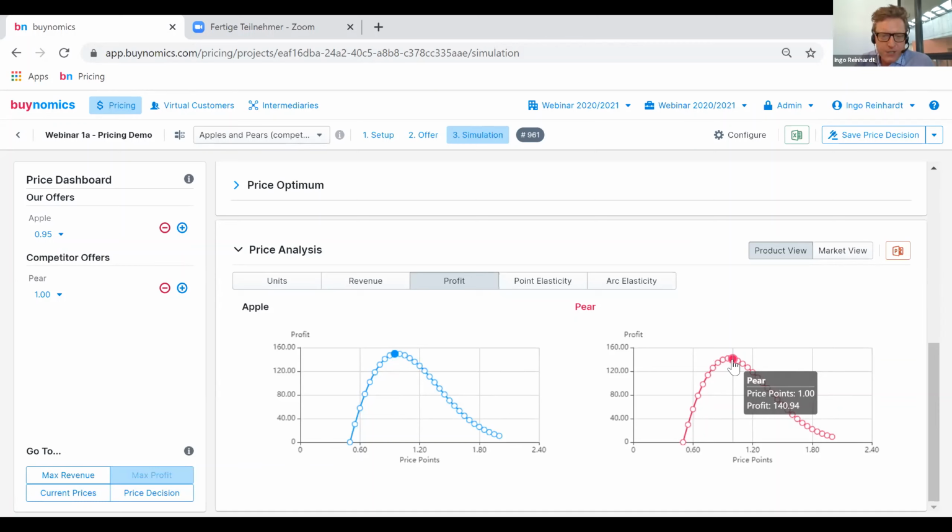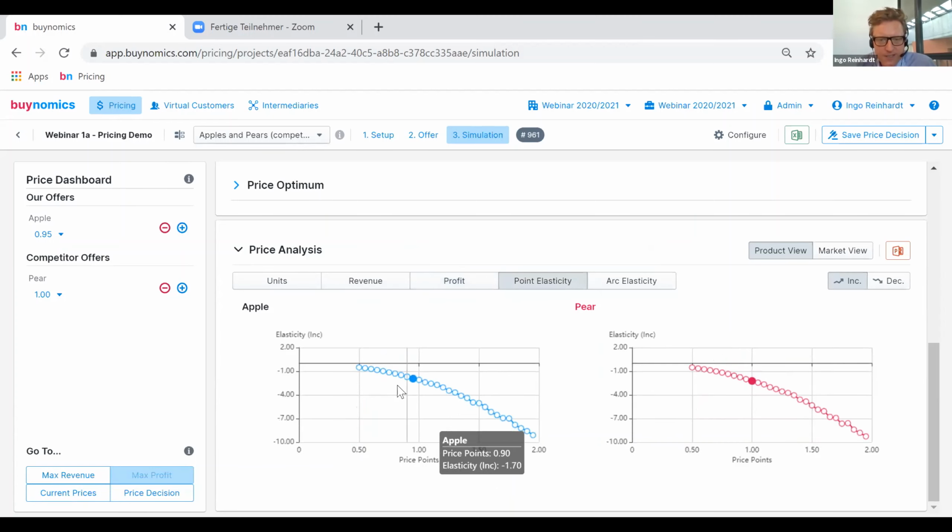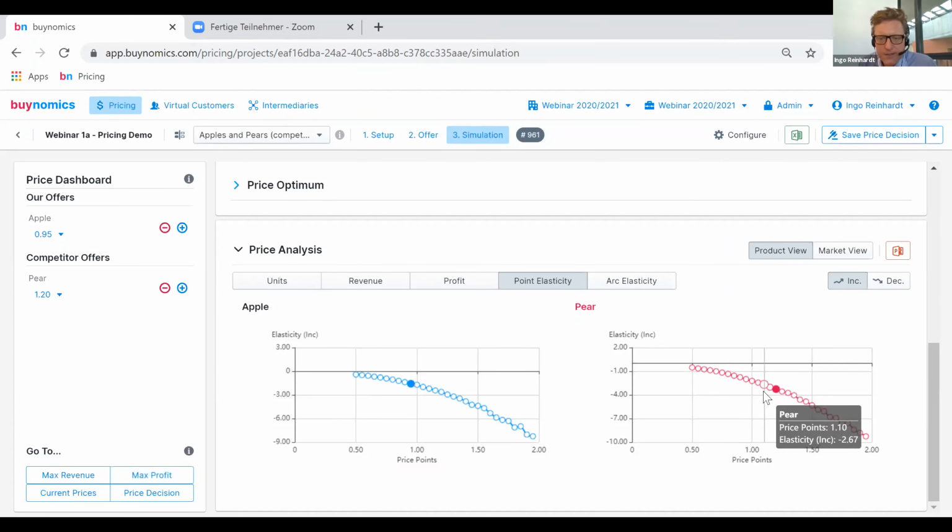So it shows you that it's easy to model these competitive interactions, and you see that the price elasticity in this case, -2, is different in the optimum from the price elasticity that we had in the previous example. And you see that when the competitor changes price, our elasticity changes. You can use it, given the competitor price, to optimize your own pricing and see what to do best.